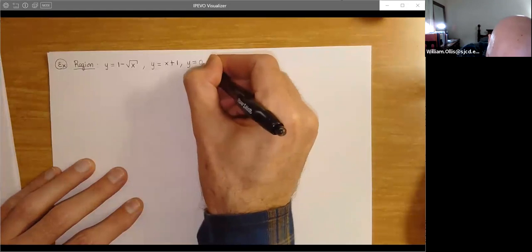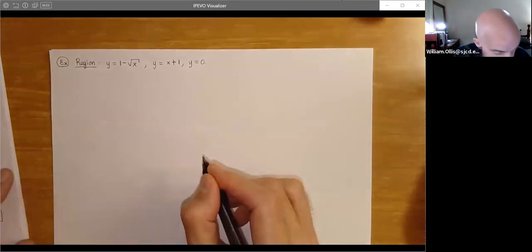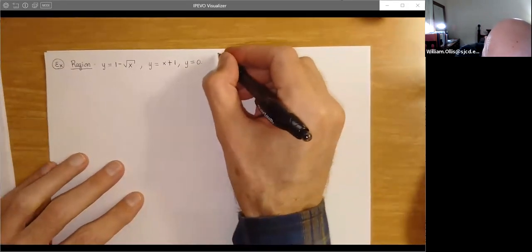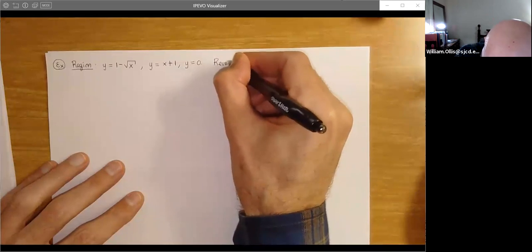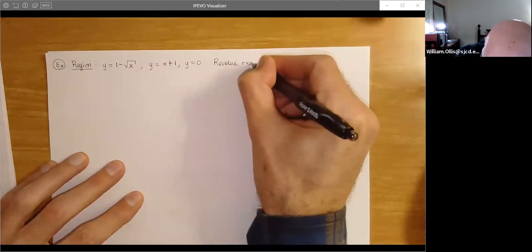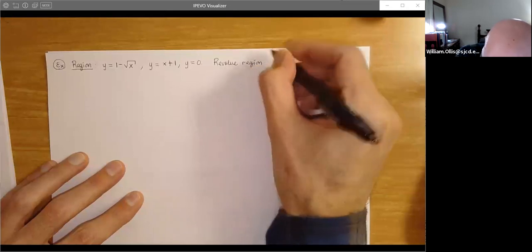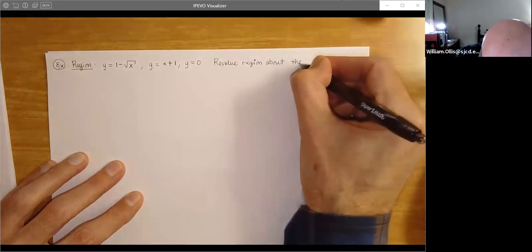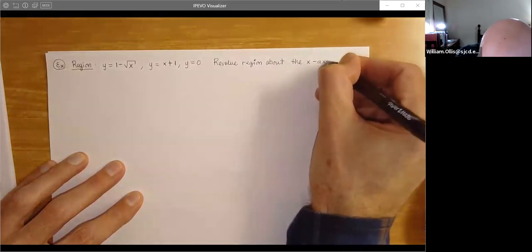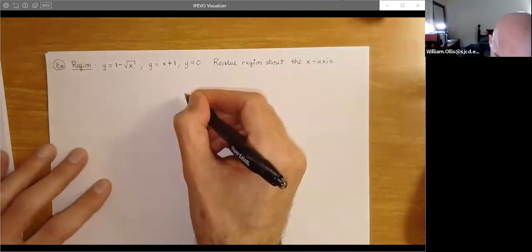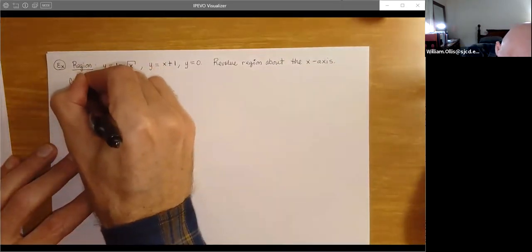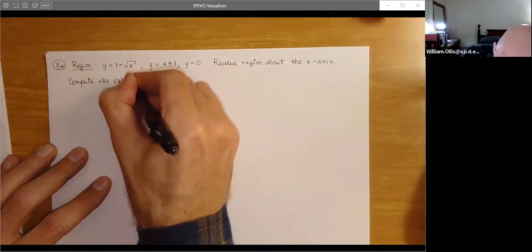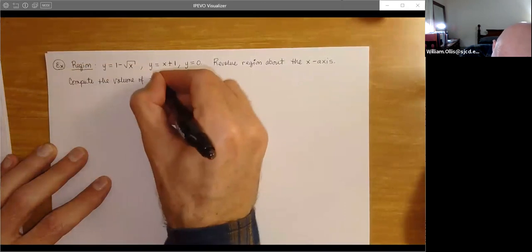And here's what the problem says: revolve the region about the x-axis, and then compute the volume of the solid of revolution.